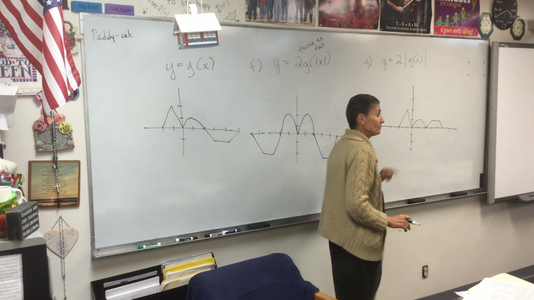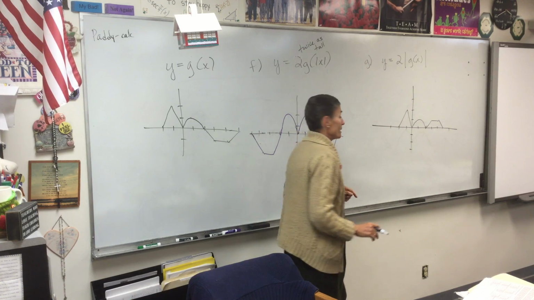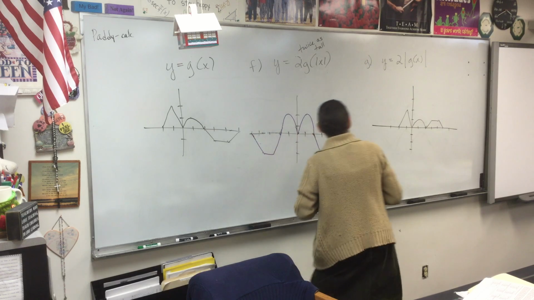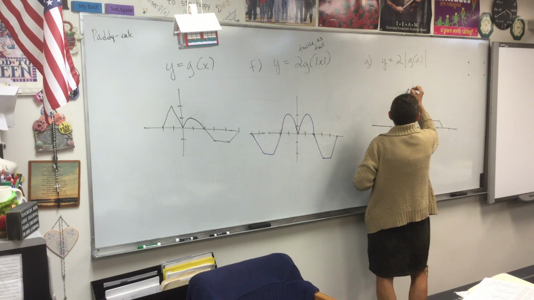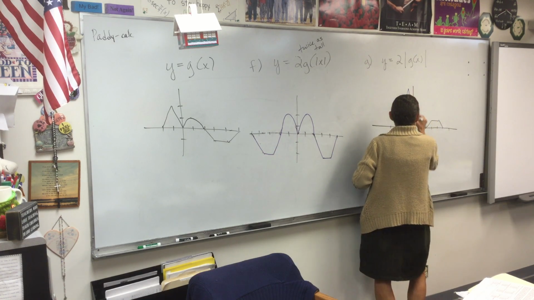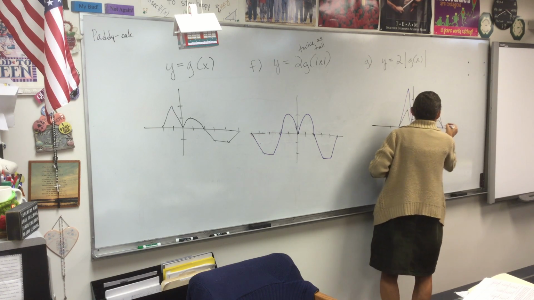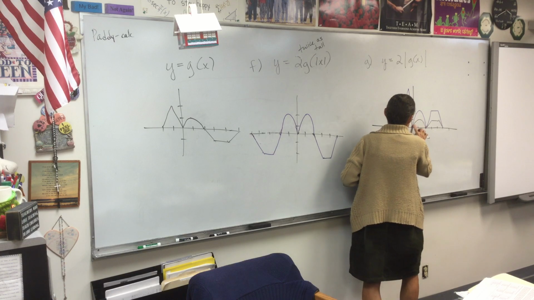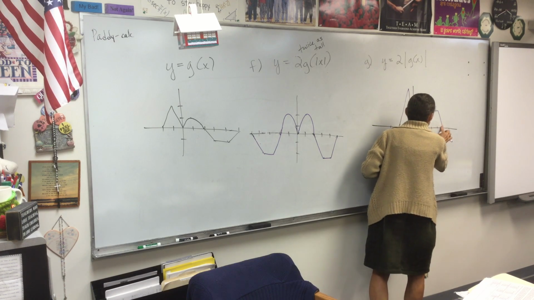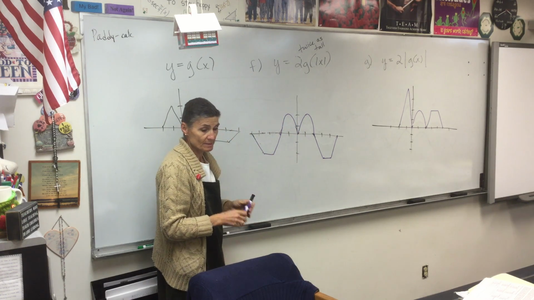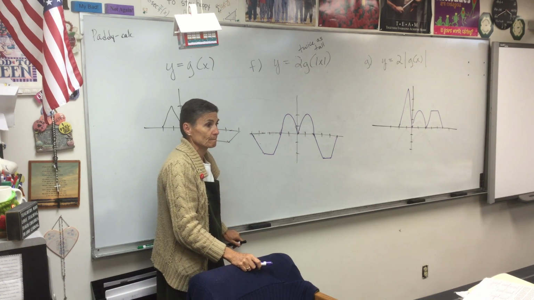What's he going to do? Twice as tall. So we're going to take our picture, and this one's going to go all the way up to 4, up to 2, up to 2. So that would be a picture of 2 times the absolute value.